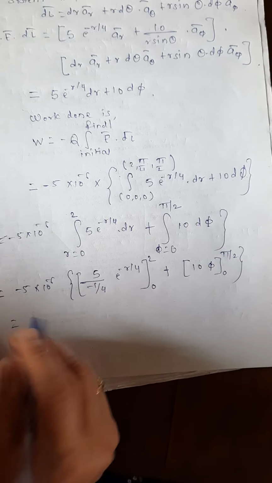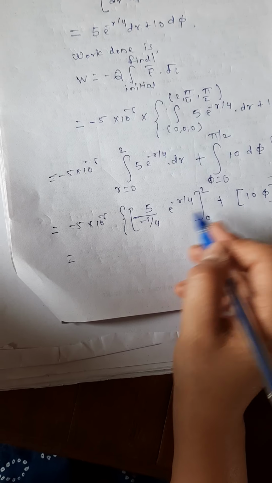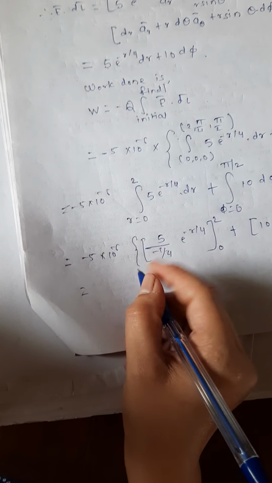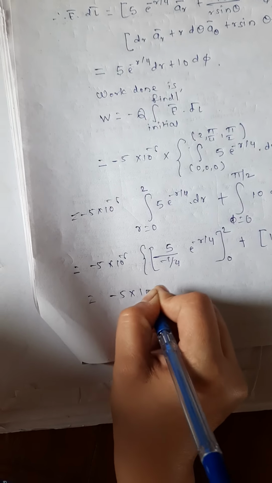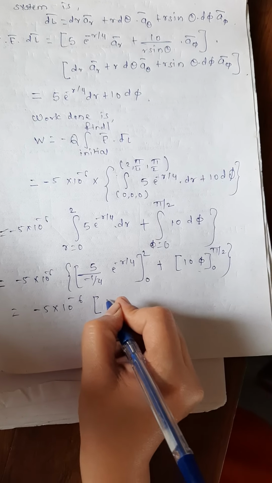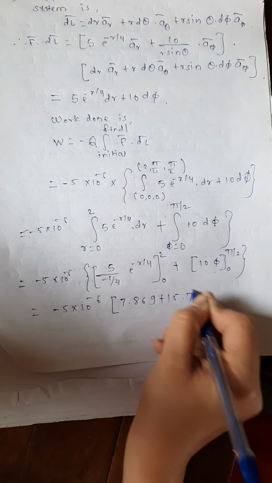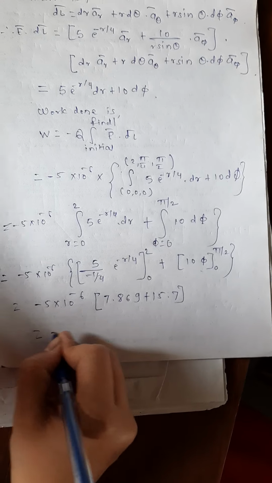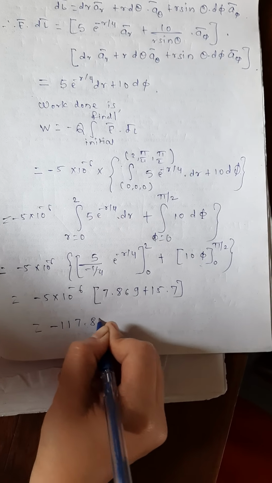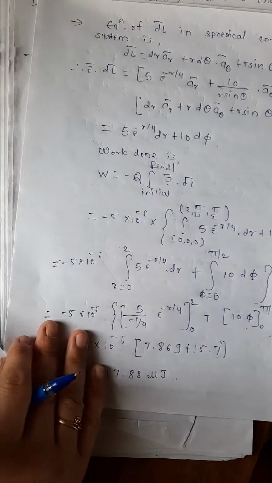If we substitute these r and phi values in this equation, we get minus 5 into 10 raised to minus 6 into (7.869 plus 15.7). So the final answer is minus 117.88 microjoule. In this way we can find out the work done.